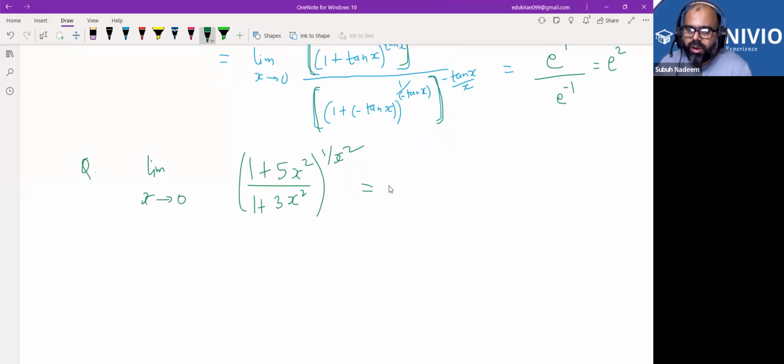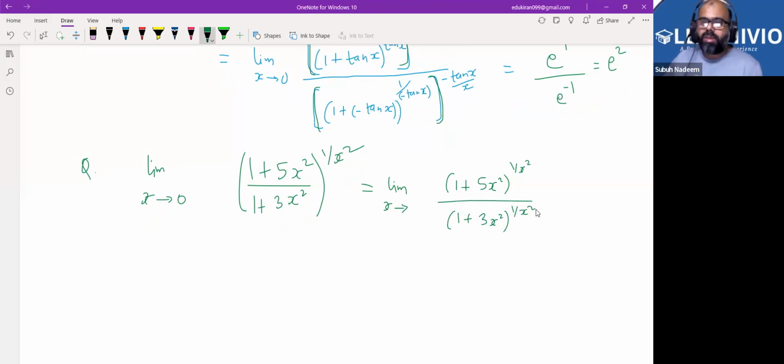Here, first thing you have to do the same, that you will separate the numerator. It is easier than the previous question. Then you have to somehow fit it according to the formula.